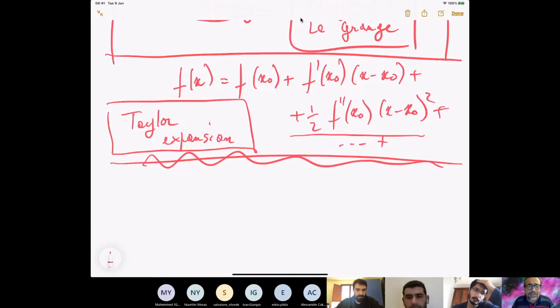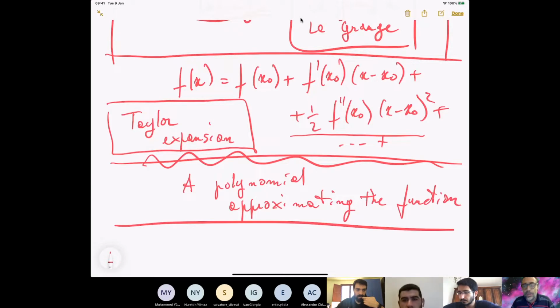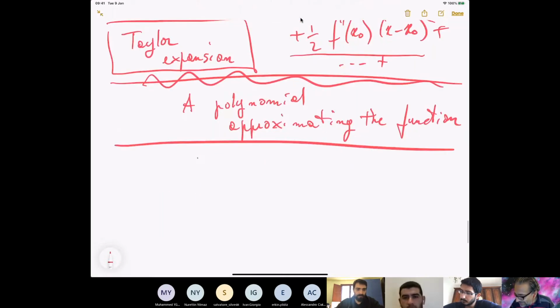What is a Taylor expansion giving you? A polynomial approximating the function. You know, already Weierstrass proved a very elegant theorem.